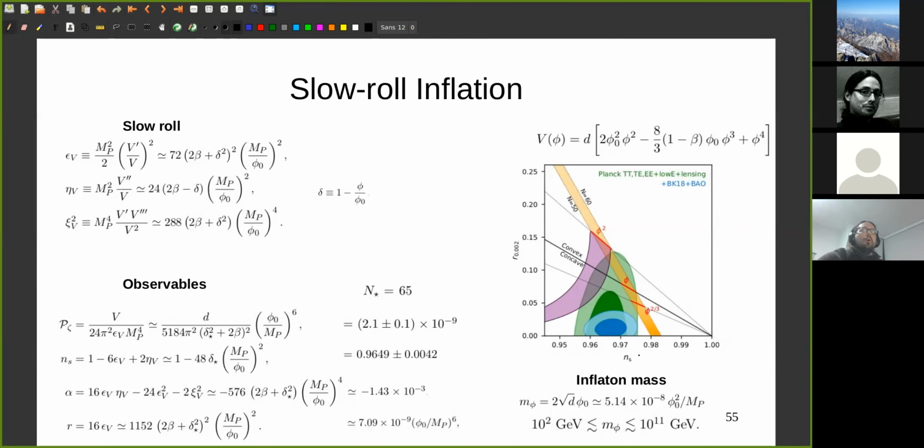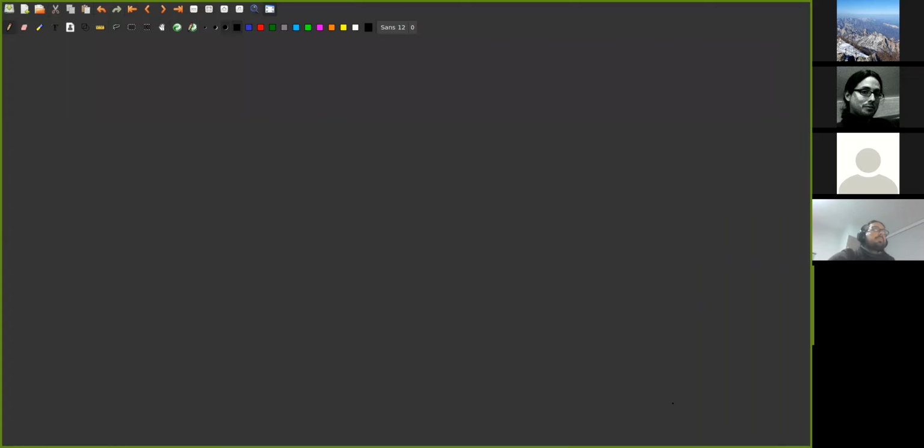Also the inflaton mass will depend on the position of the inflection point, and in particular we know that the inflaton mass will be somewhere between hundreds of GeV and 10 to the 11 GeV, right? And that will depend on the position of the inflection point.